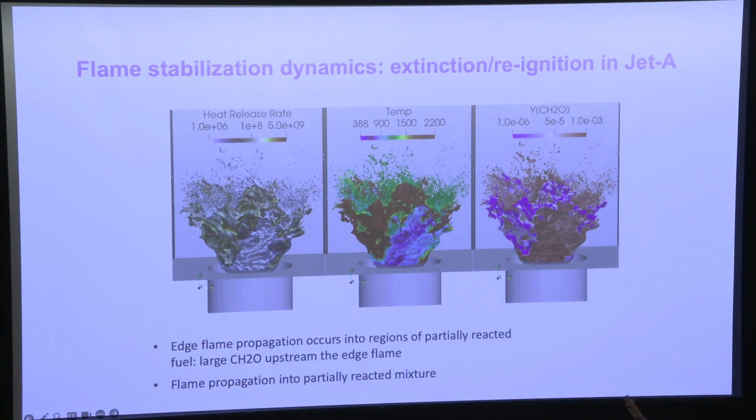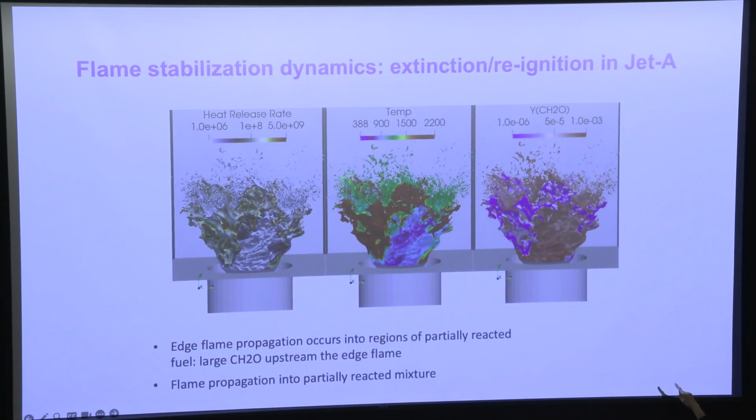So the gray regions in the heat release plot are the quenched regions where the temperature is lower, roughly about 1,000 Kelvin or so, or a little bit higher. High temperature regions are denoted in red. And then where the quenched regions are happening, we see the accumulation and buildup of stable intermediates like formaldehyde.